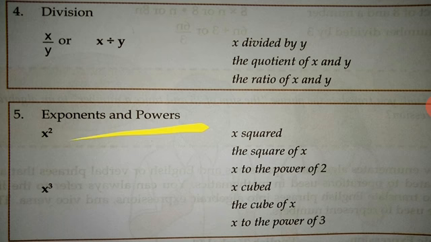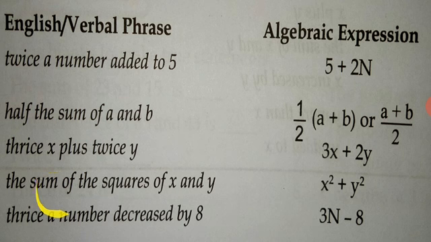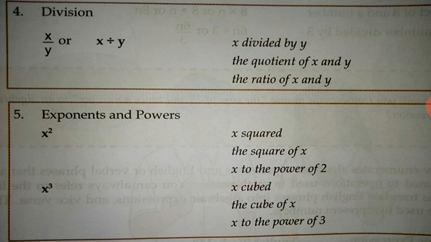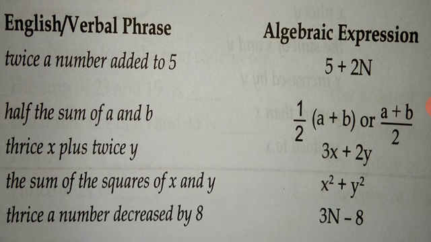Next are exponents and powers. So x squared, the square of x, x to the power of 2. Then if it is x cubed, the cube of x, and x to the power of 3. So now let's proceed again to another example.